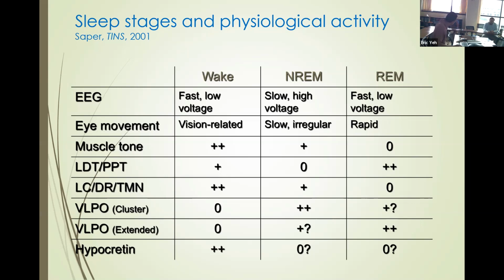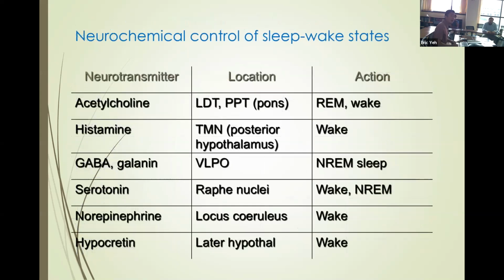But for us to understand the science, ultimately, we should use whatever we know and have at our disposal to better help our patients. Okay, so neurochemical control of sleep-wake states. Acetylcholine. Histamine comes from the TMN, posterior hypothalamus, and keeps you awake.